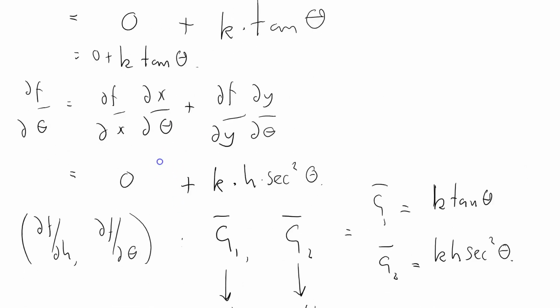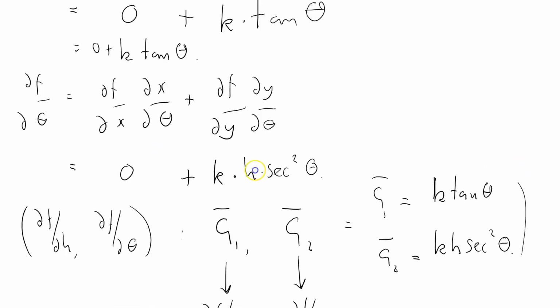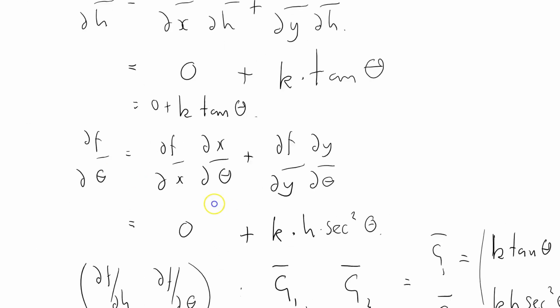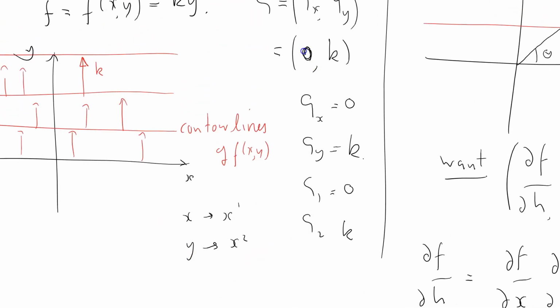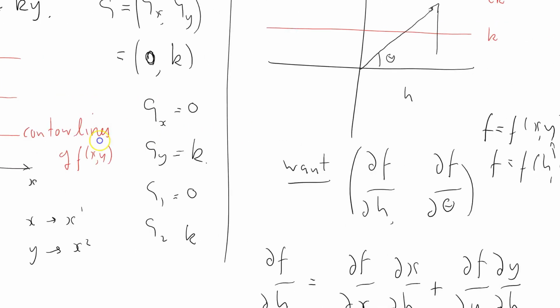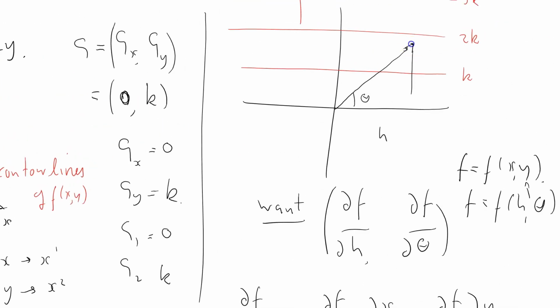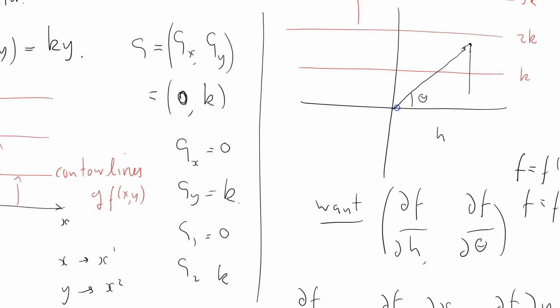So what that's telling me is that we've got two non-zero components, whereas in the Cartesian system, one of the components was 0 because these lines were horizontal, and so when you changed x, you didn't change your temperature, but when you changed y, you did. Here, it's somewhat different, because if you change θ by a little bit, you're not allowed to change h.